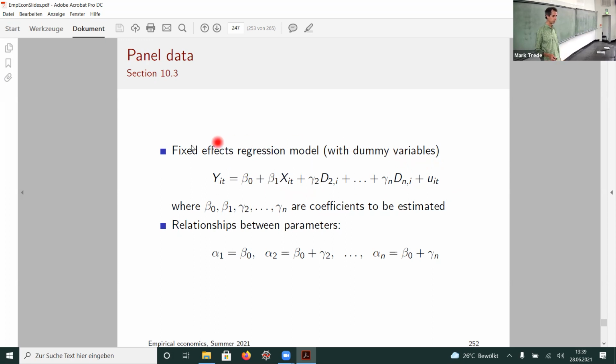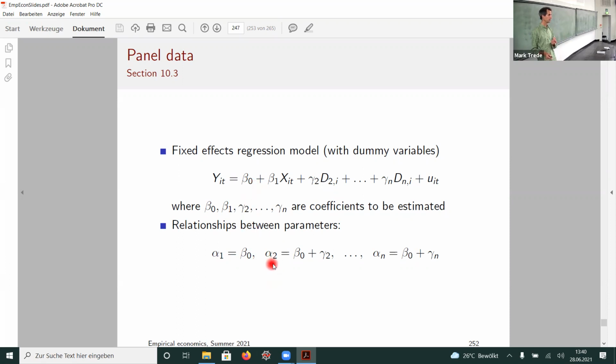So here again, we would get an estimator for the intercept and the beta 1. That's the same as before, but we would also get estimates for the intercept which belongs to the individual i. So here we would, in a way, get estimates for the different alphas. So the first alpha, the intercept for the first individual, would be just the intercept beta 0.